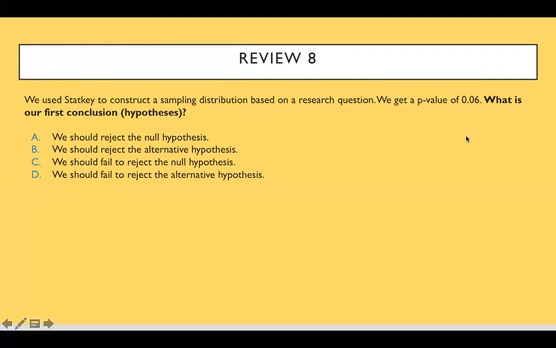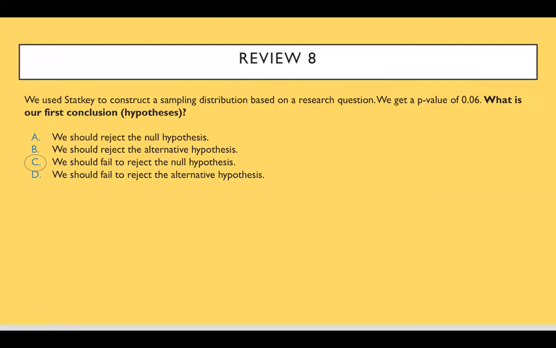What is our first conclusion in terms of hypotheses? All right, our answer here is C.